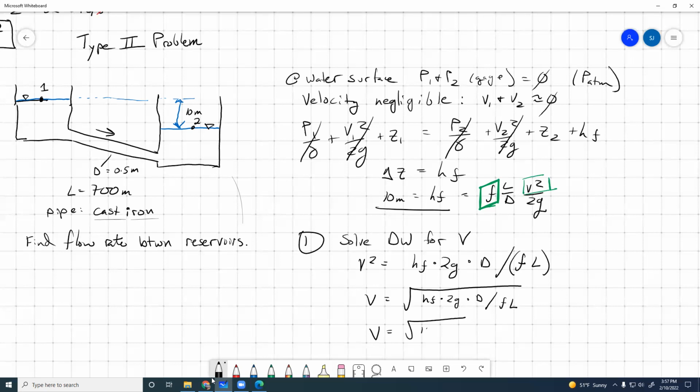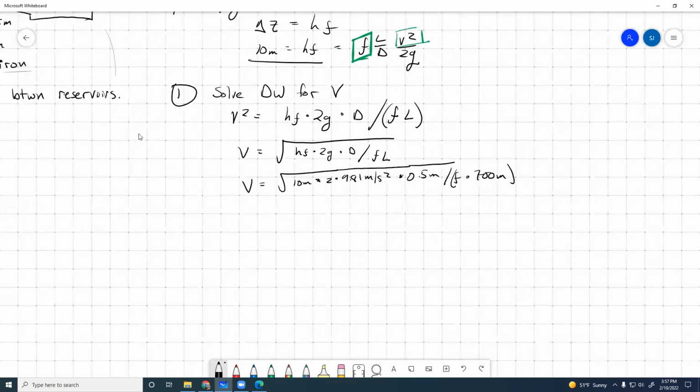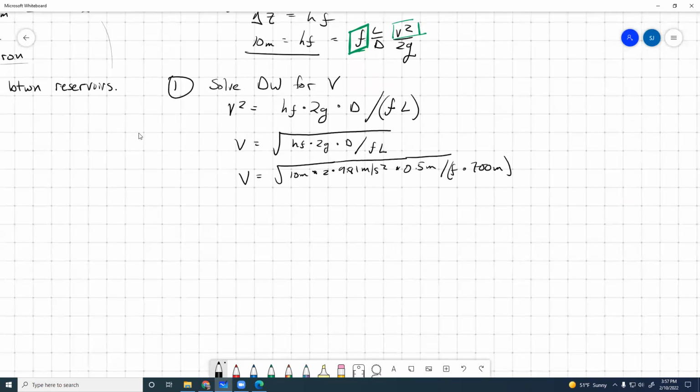So we've got 10 meters times 2 times 9.81 times 0.5 meters, divided by F times 700 meters. We'll simplify that equation.